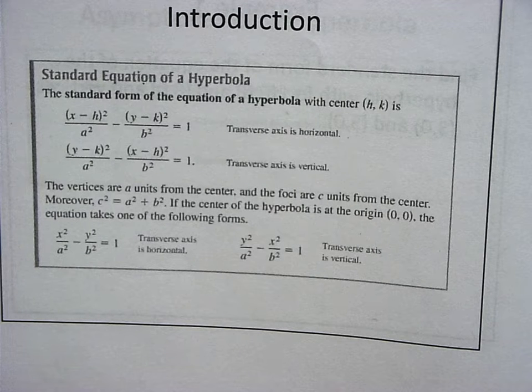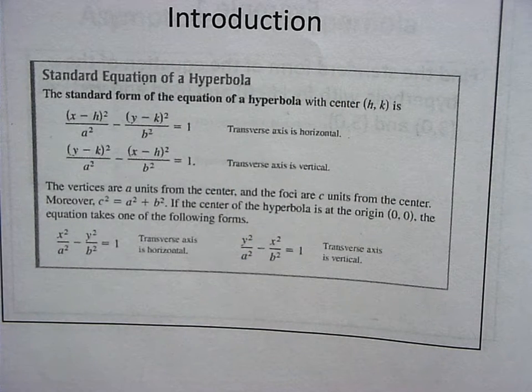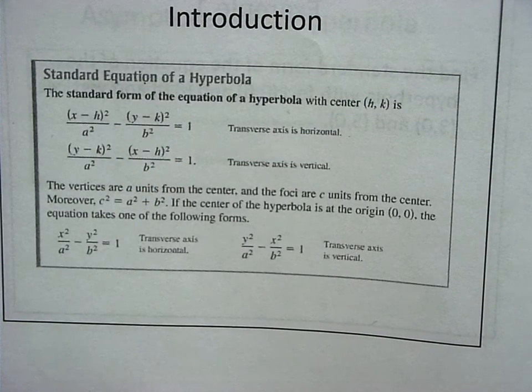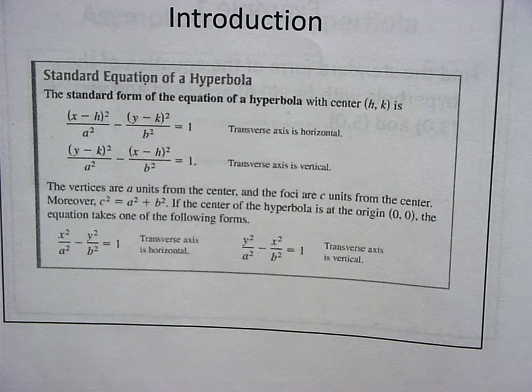So if you have the x first, that means your transverse axis, in other words, your entire shape, is going to be horizontal. If the y is first, your transverse is going to be vertical. Now notice, they always just put the A value there. So A doesn't automatically mean go the biggest value. It can change from going vertical to going horizontal based on what's first.